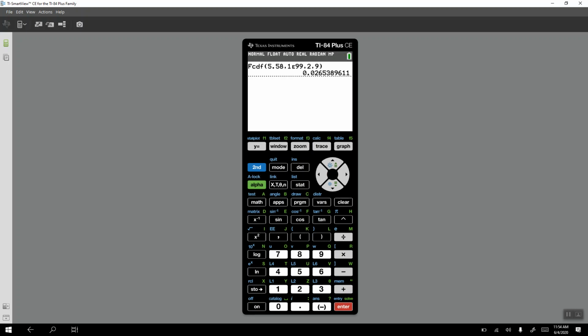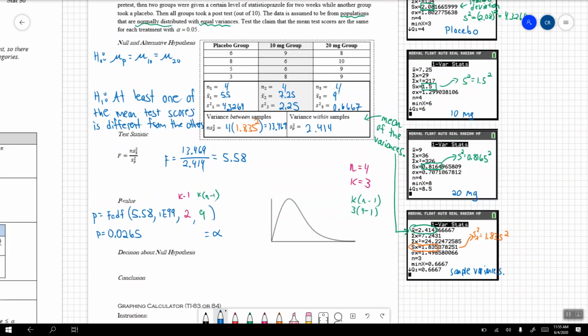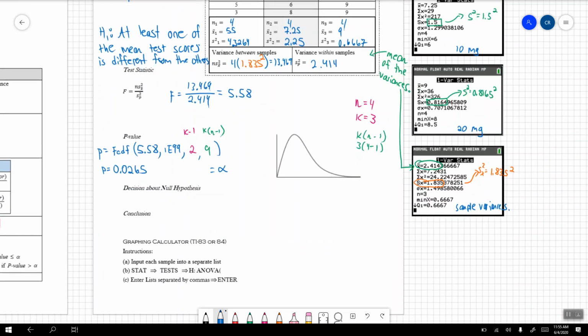Let's write this p-value down on our page. So that p-value was 0.0265. And again, we're going to be comparing this p-value to our alpha level. Were we given one? I believe so. The alpha level was 0.05.